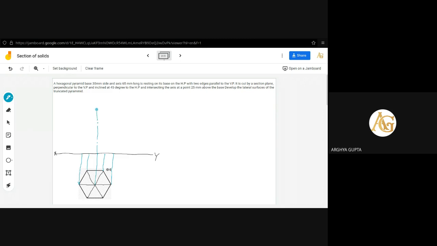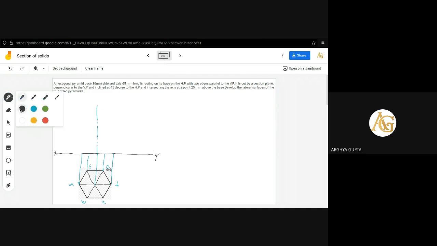Okay. So the axis height is 65 mm. Okay. So this is A, B, C, D, E, and F.